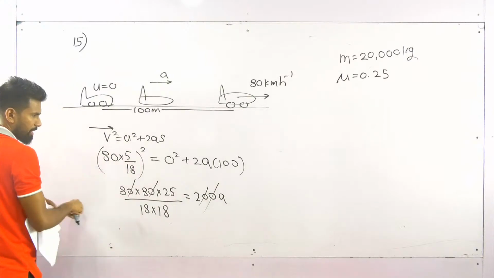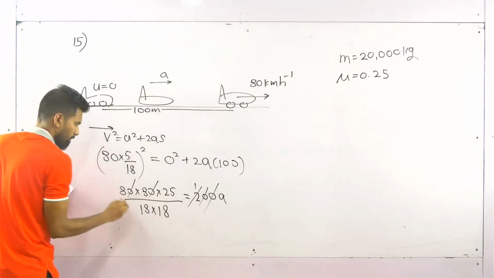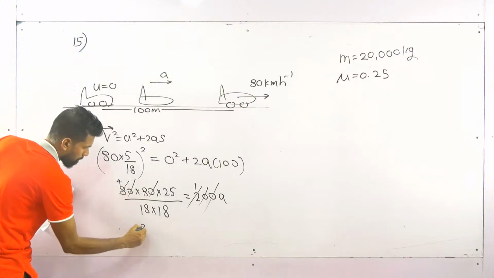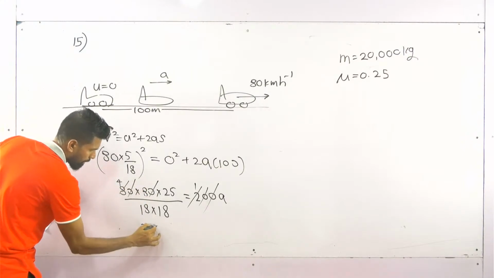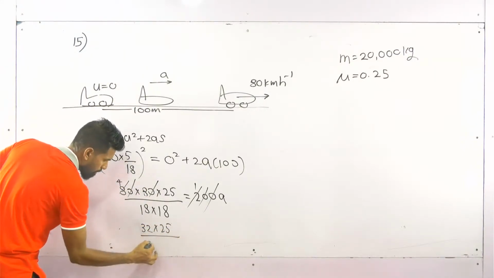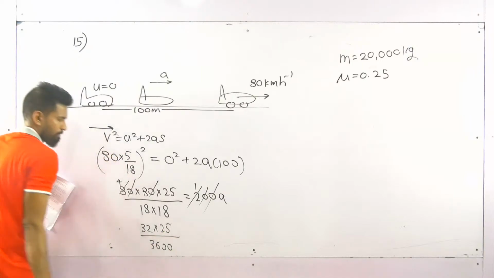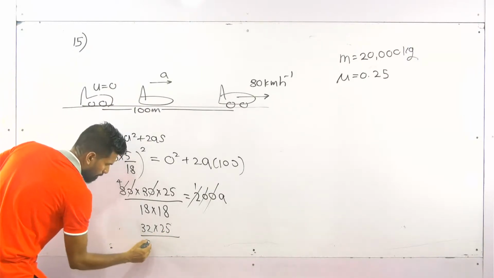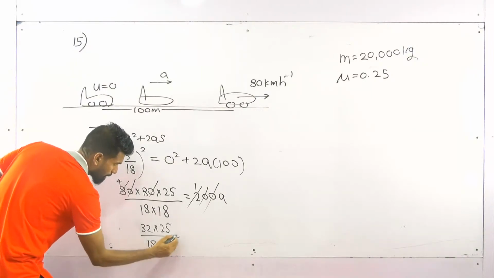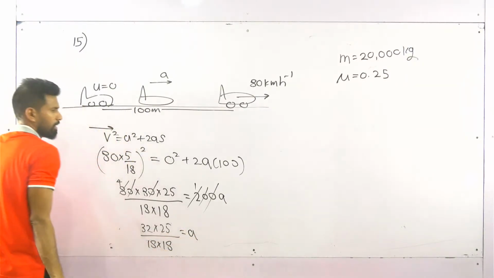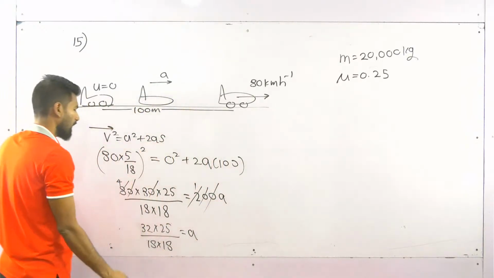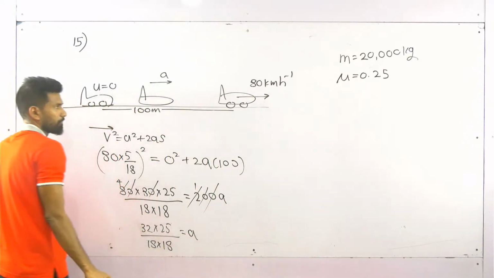Then here it's 4, 32 into 25 over 3600, 18 into 18 is equal to the acceleration. By applying v squared is equal to u squared plus 2as, I found the acceleration.